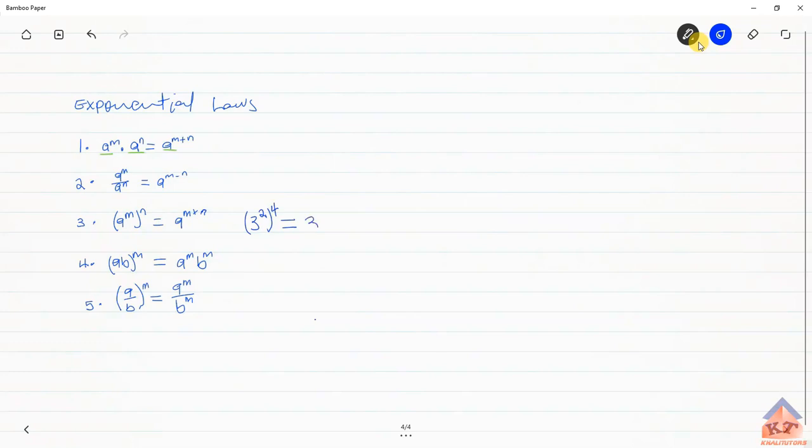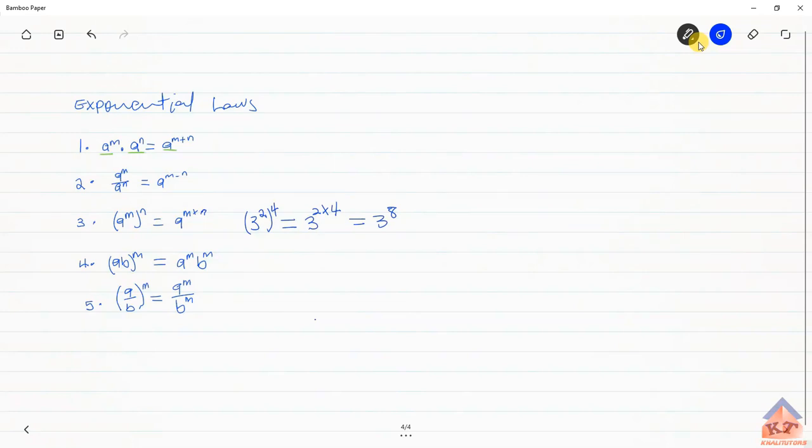You'll have the same base, which is 3, then 2 multiplied by 4, and in this case you'll have 3 to the power 8. You see, there is a huge difference between this law and the first law. The first law, we were simply adding the exponents. Here we are simply multiplying.